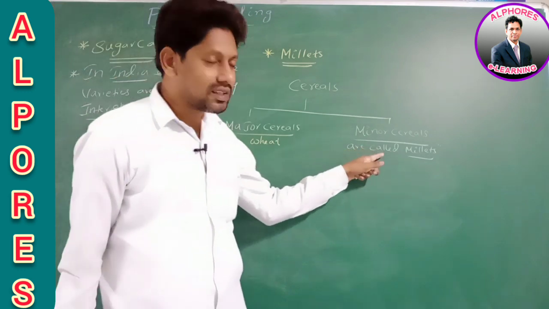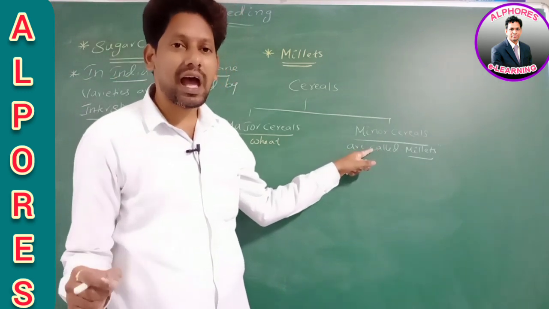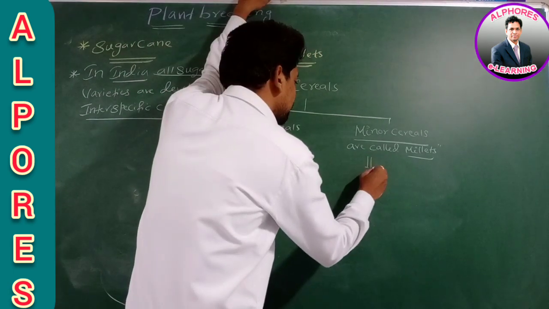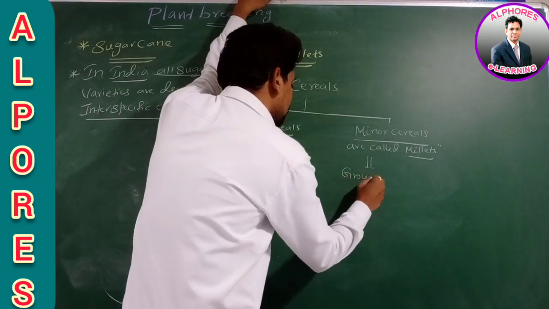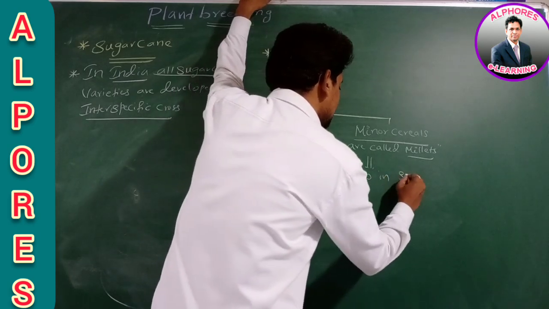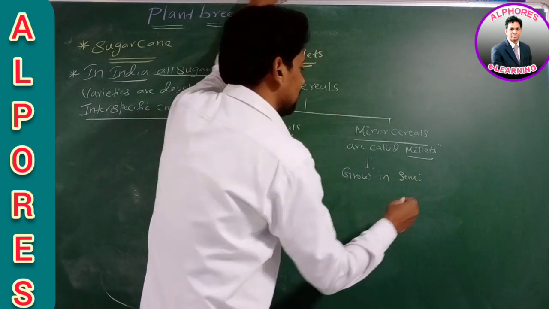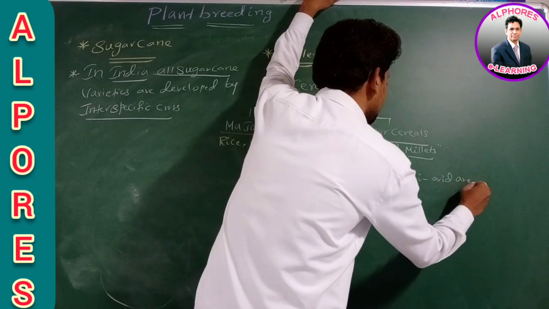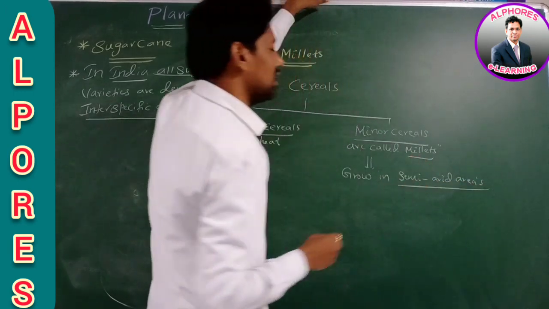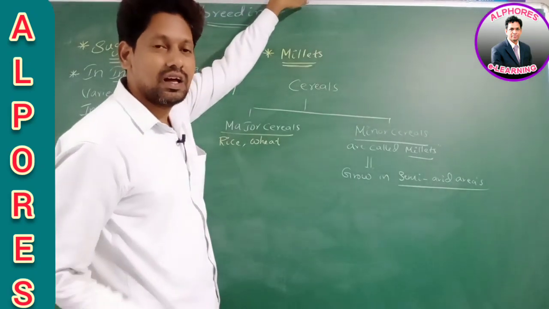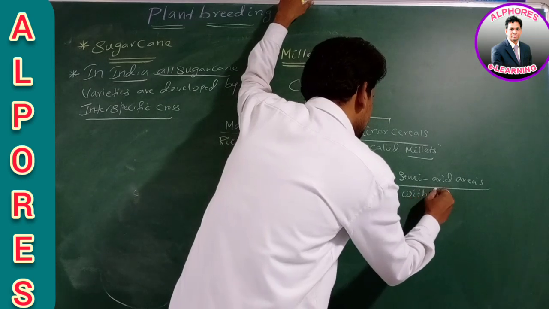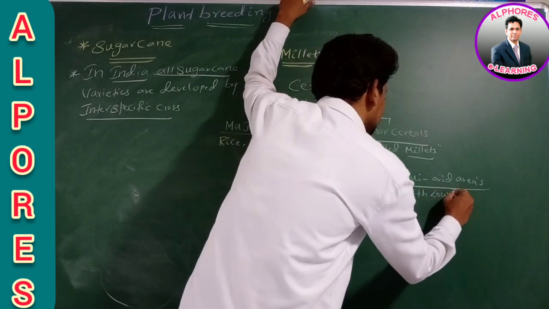These millets grow in semi-arid areas. Millets grow in what? Semi-arid areas. What is the meaning of semi-arid area? Rainfall is less, with low rainfall.